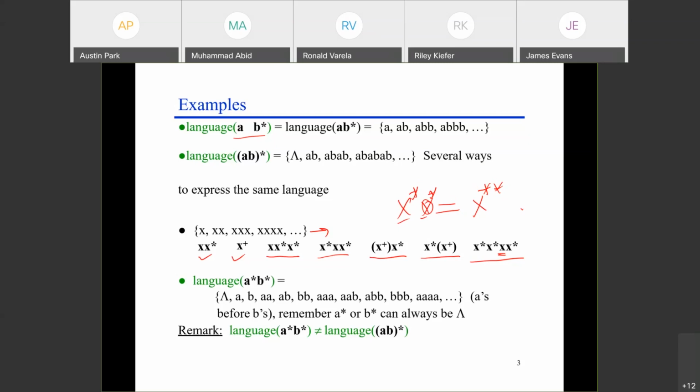Make sense? Because x star will give you all possible combinations, and this is also the same set, x star, and x double star is the same thing. So if x star will give you infinity, including lambda, then another x star will also give you infinity.